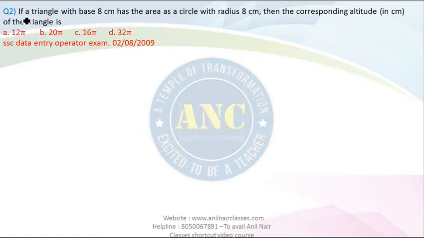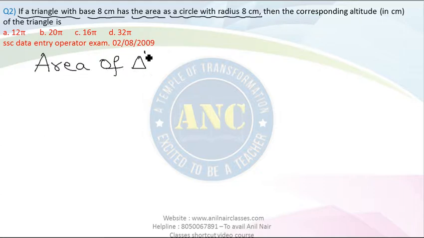Question number 2. If a triangle with base 8 centimeter, the base of the triangle is given as 8 centimeter, has the area as a circle with 8 centimeter radius. That means they are saying that triangle area and circle area both are same. If you want, read it once again.